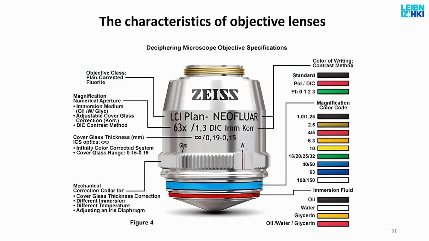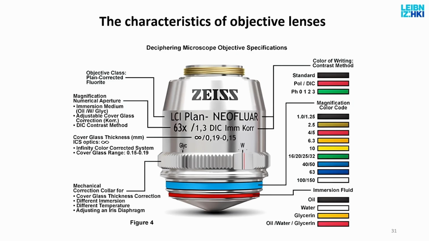Any questions, by the way? In the past, I used to always buy cover slips of 1.5 for every objective. But should I look at this point, since my objective can have 0.17?